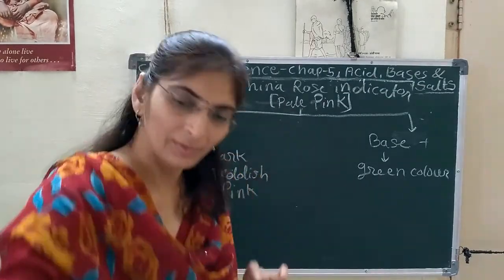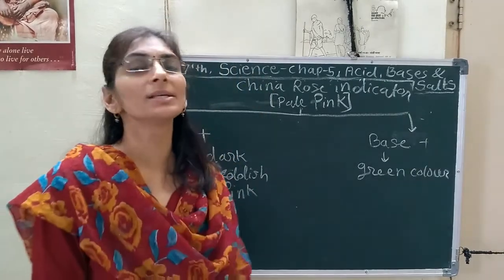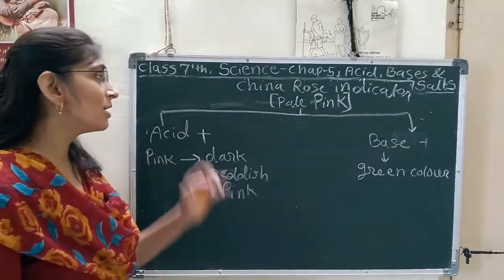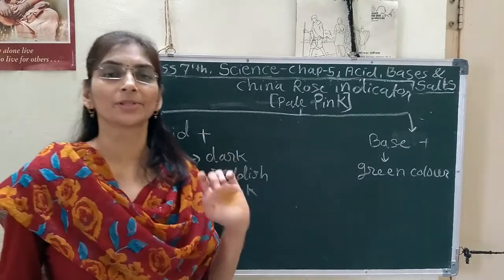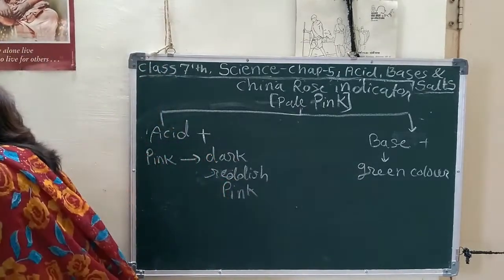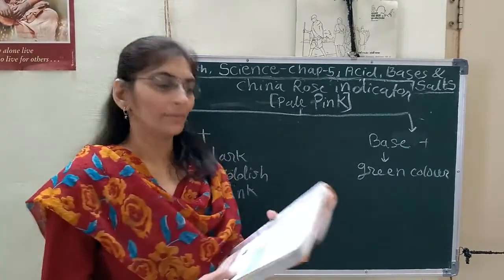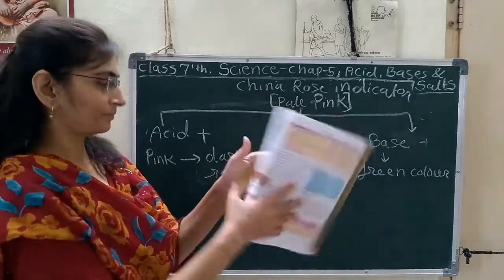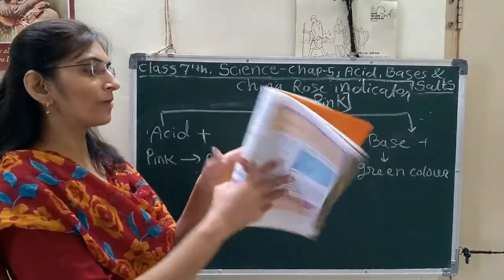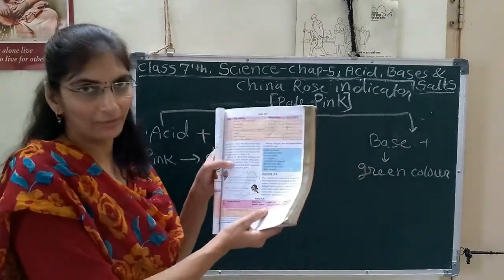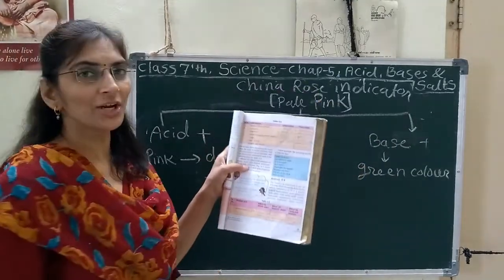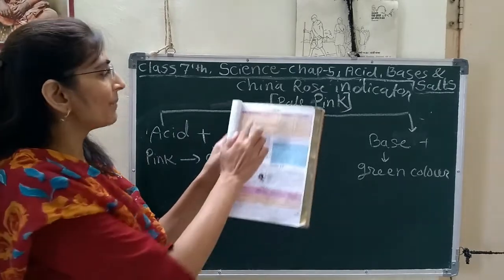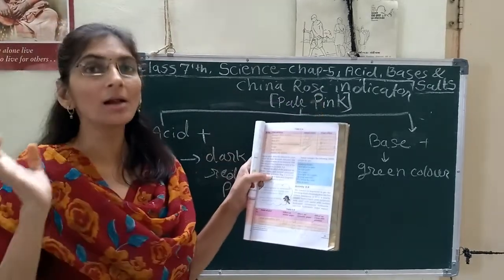Okay. So you have to use this China rose indicator solution with various substances. The activity based on this indicator is given. Yes, so you have to perform activity number 5.4. Make an observation table in your notebook and mention the substances you are applying.